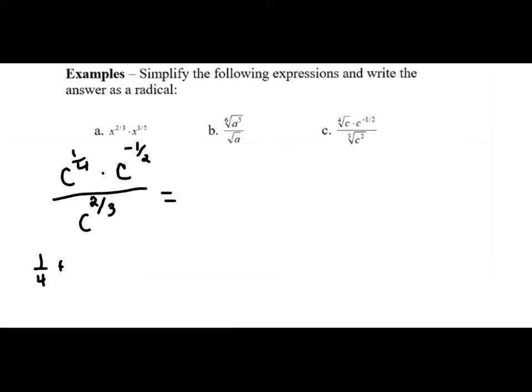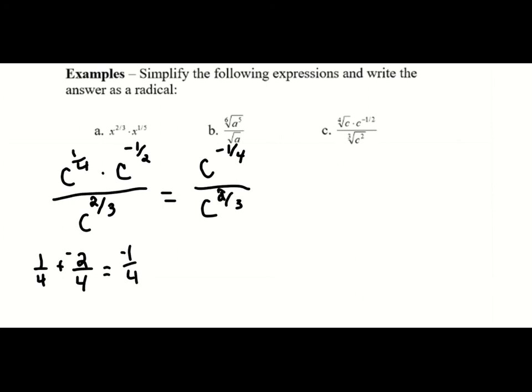So 1/2 would be the same as 2/4, but it's going to be negative because it's a negative 1/2. So I'm going to end up with a negative 1/4. So right now I have C to the negative 1/4 power over C to the 2/3 power.